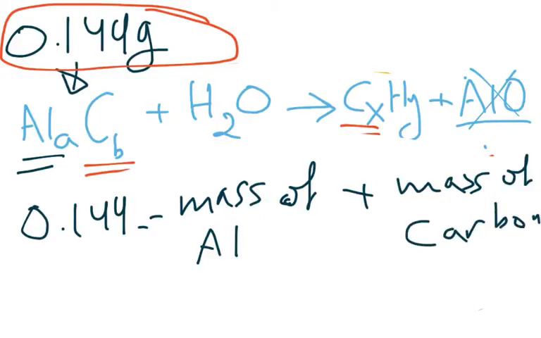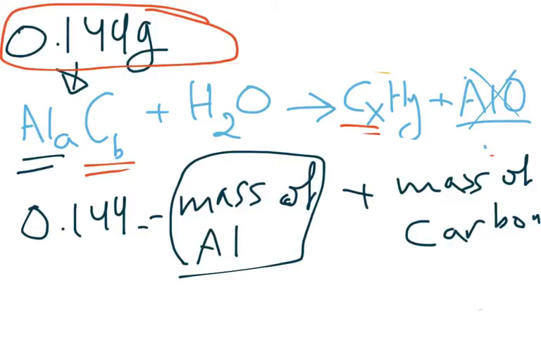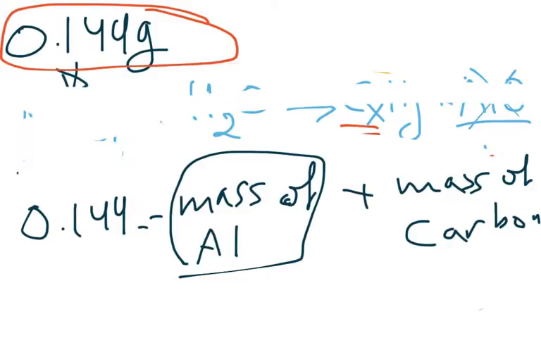So we have the mass of carbon, which we got, so we need the mass of aluminum.